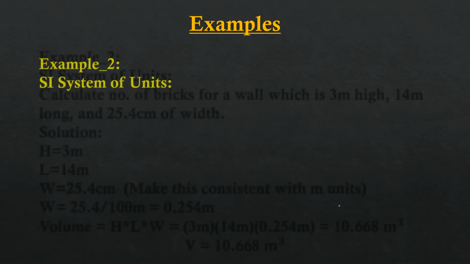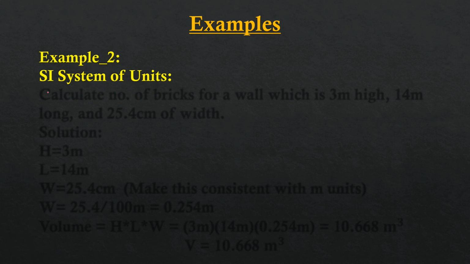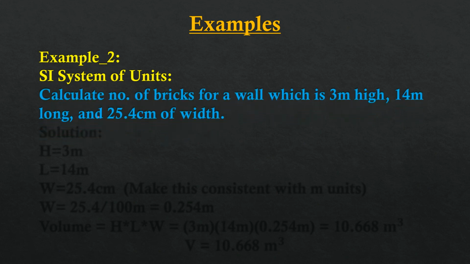The second unit system is SI units or metric units. The question is to determine the number of bricks for a wall which is 3 meter high, 14 meter long and 25.4 centimeter in width. So what will you do?